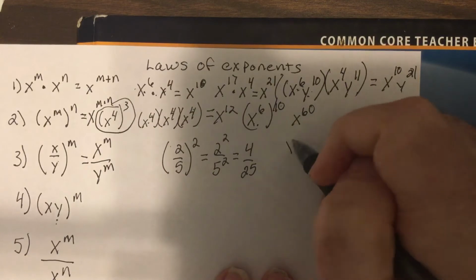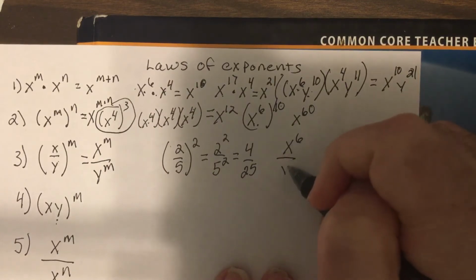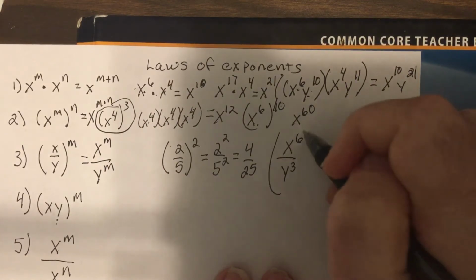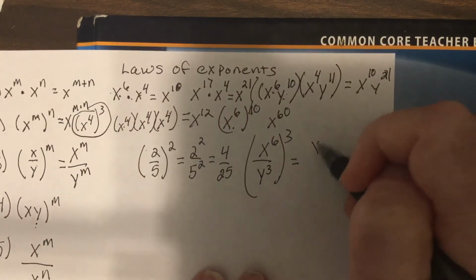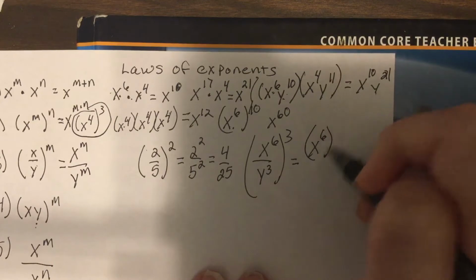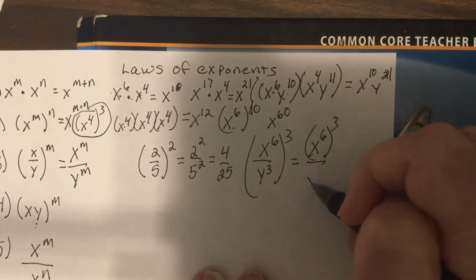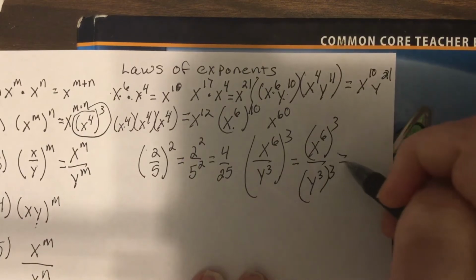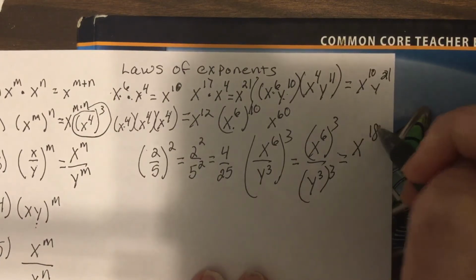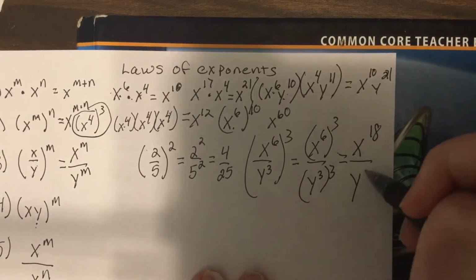So if I said x to the 6th, y to the 3rd, and I'm raising it to the 3rd power, then you raise it all, so it'd be x to the 6th to the 3rd, y to the 3rd to the 3rd, so it'd be x to the 18th, y to the 9th.